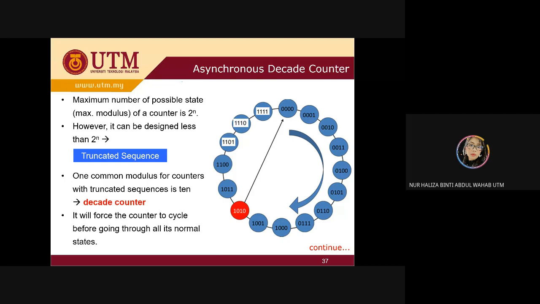If you have 2 bits, you're going to have 2 to the power of 2, because this is the number of bits that you have. Then your states are 4. If you have 3 bits, your states are 2 to the power of 3, so 8. However, it can be designed with fewer than 2 to the power of n.